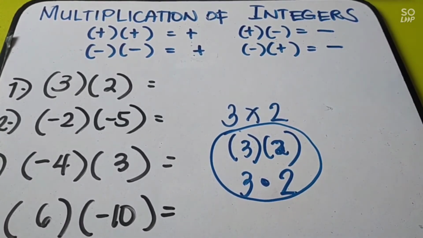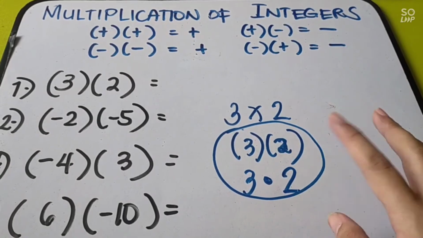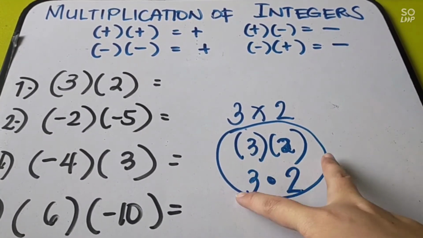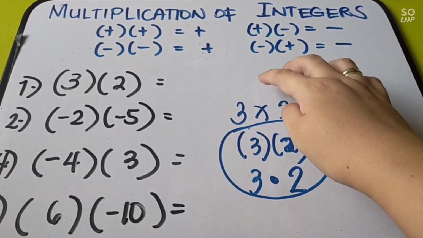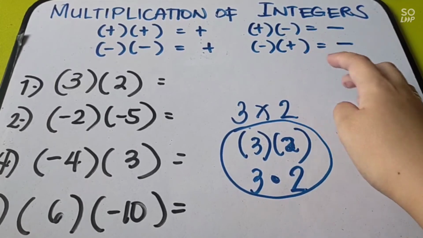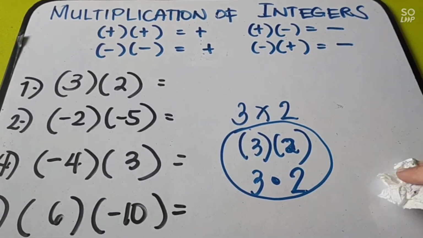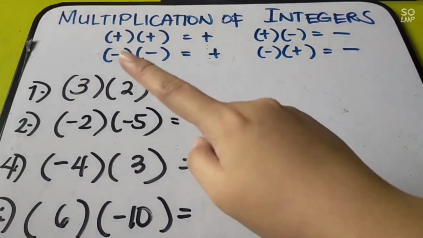Kapag ikaw ay junior high school na, ang ginagamit na natin karaniwan ay open and close parenthesis at saka itong dot sa gitna. Kapag nakakita kayo ng ganyan, meaning magmumultiply ka. Etong si x, hindi na ito madalas na ginagamit as a symbol for multiplication kapag ikaw ay junior high school na. Okay?